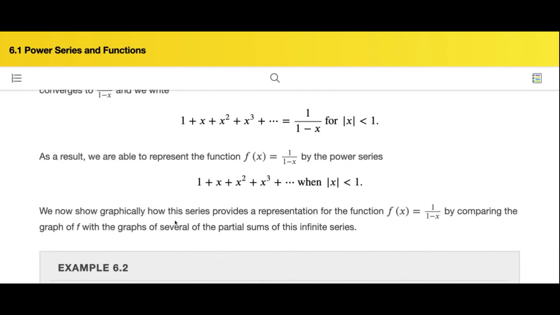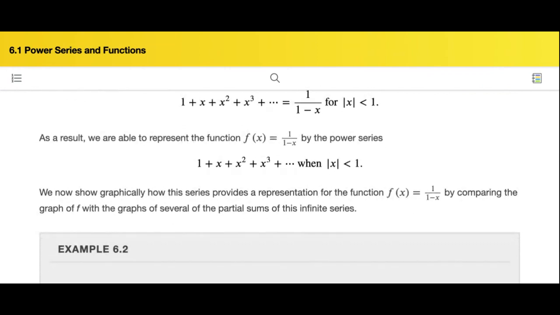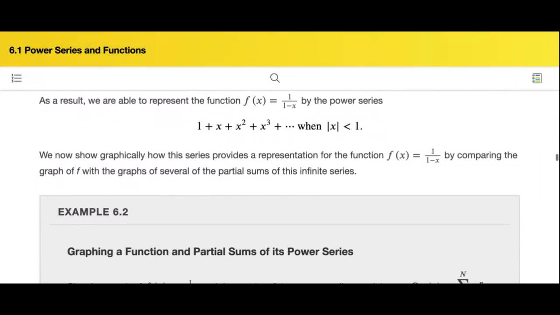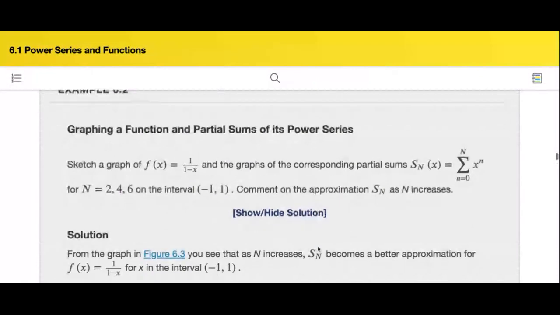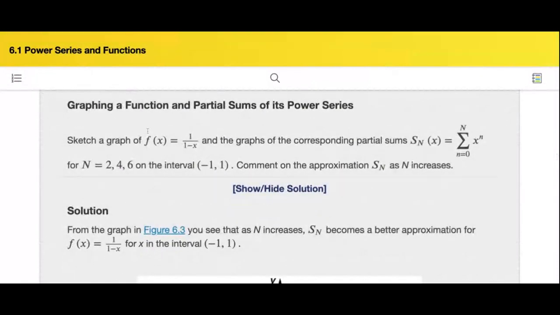We now show graphically how this series provides a representation for the function f of x equals 1 over 1 minus x by comparing the graph of f with the graphs of several of the partial sums of this infinite series. We know exactly how to graph this, right? This is a transformation of the reference graph of 1 over x.